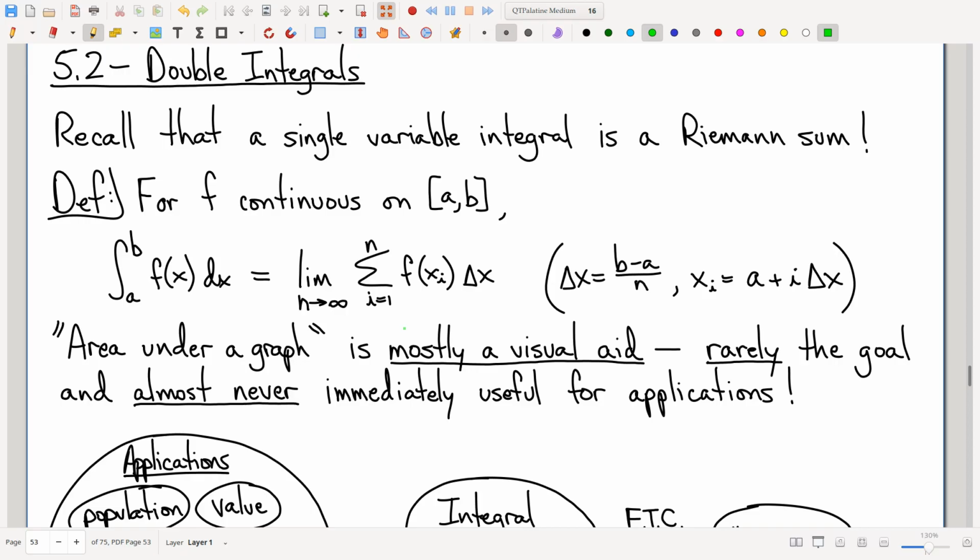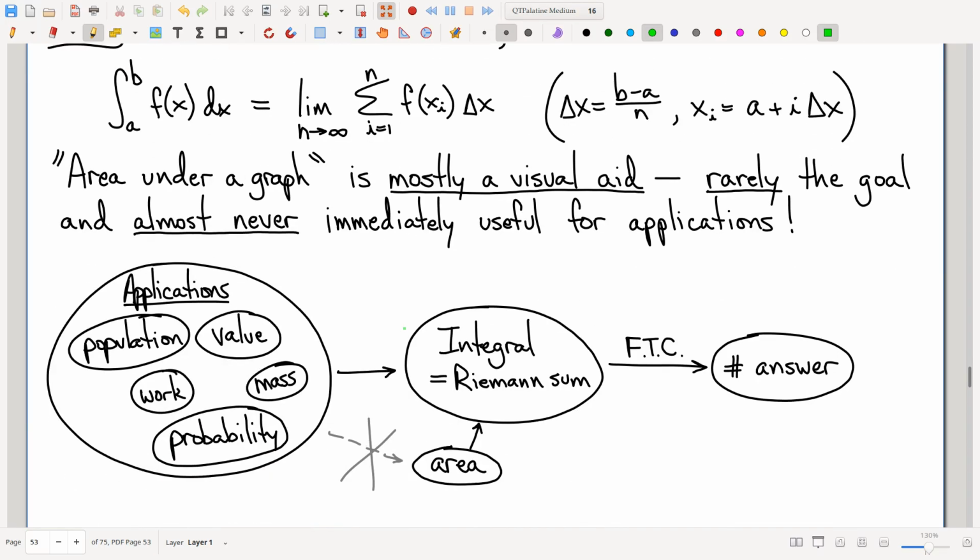The computation we already did, volume under a graph, it's not the point. The point is, I want to be able to generalize the idea of a Riemann sum. This is the thing that's going to connect to applications. If you want to get stuff done, which I imagine y'all probably do, Riemann sums are what's going to do it.